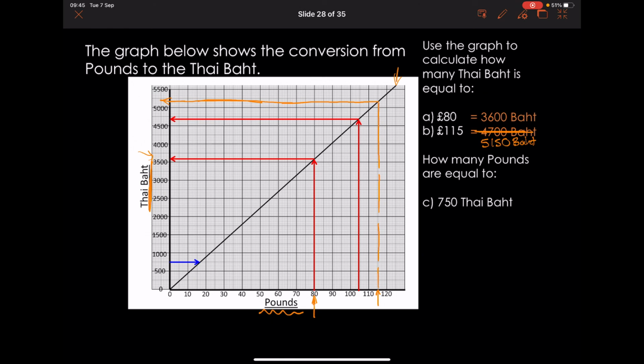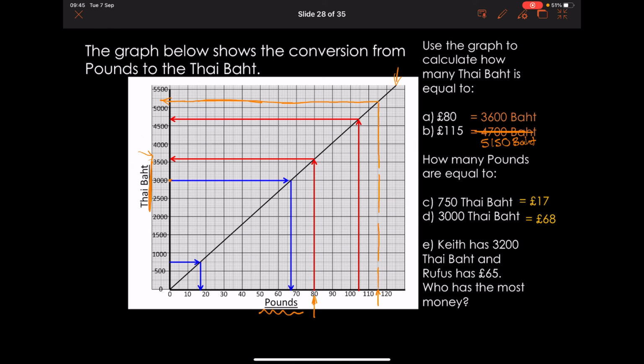We'd go to the diagonal line, and we would go down to pounds. So we would end up with about £17 there. And then 3,000 Thai baht, again, we'd start at 3,000 just here, and then go down to pounds, and that looks like it's about £68. Okay, so using conversion graphs isn't too difficult to convert between money or anything else for that matter.